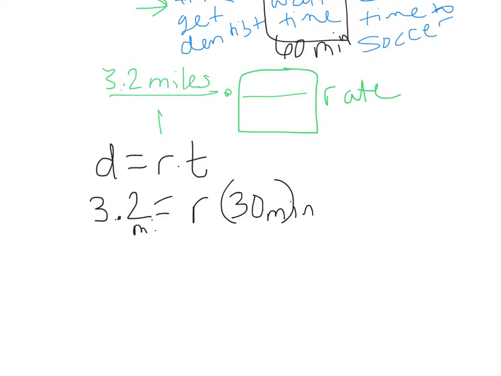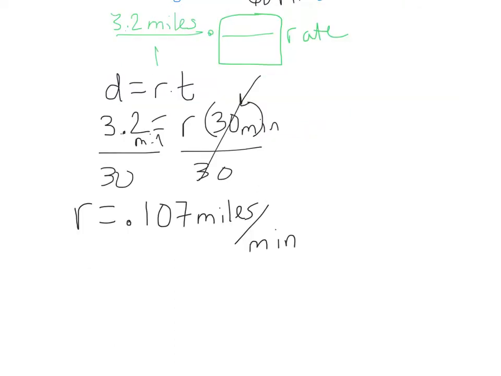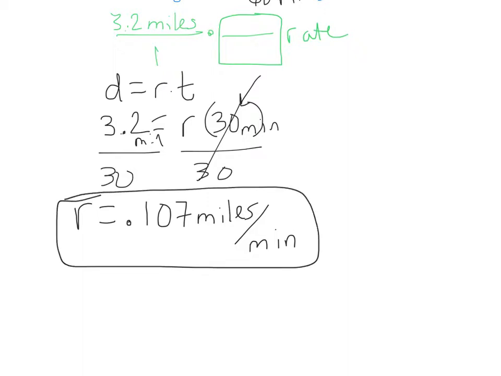So 3.2 miles equals rate times 30 minutes. Distance equals rate times time. We know this is 30 because it said he left his house at 4 and got there at 4:30. So we know it took 30 minutes. To solve for the rate, we divide both sides by 30. So when we solve, we get that the rate is 0.107 miles per minute.